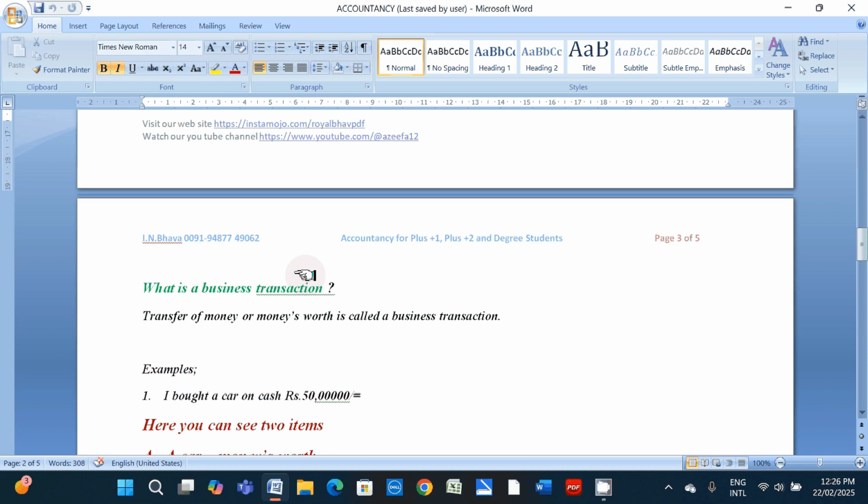What is a business transaction? Business transaction is transfer of money or money's worth. We have to transfer money, and at the same time, from the other side, money's worth will be transferred. For example, if you go to a shop, we have to buy anything for money only.